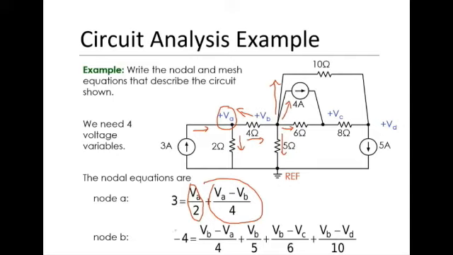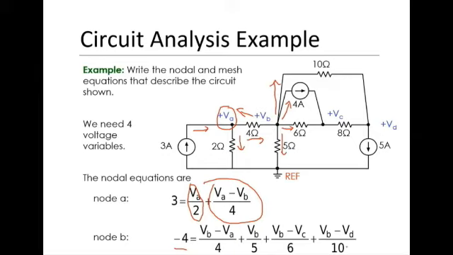And this current going from VB to VA is equal to VB minus VA over 4. The current across this 5 ohm resistor is VB minus 0 over 5. Current passing through the 6 ohm resistor is VB minus VC over 6. And finally, the current going through the 10 ohm resistor is VB minus VD over 10.